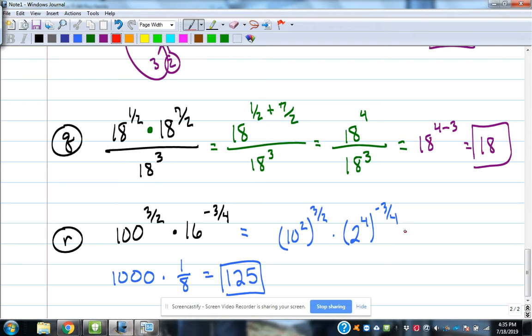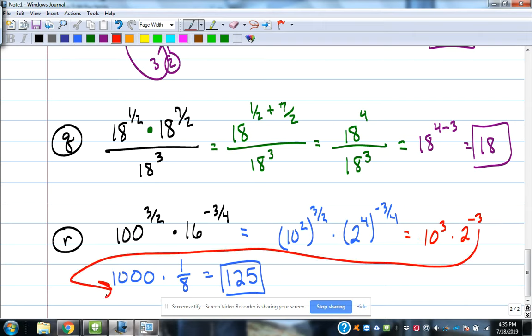And then that turns into 10 to the 3rd times 2 to the negative 3. That is where those come from. Those are the exponents that turn into 1,000. 10 to the 3rd power is 1,000. 2 to the negative 3 would be 1 over 2 to the 3rd, which is 1/8. 2 to the 3rd power is 8. So that's how that works out.